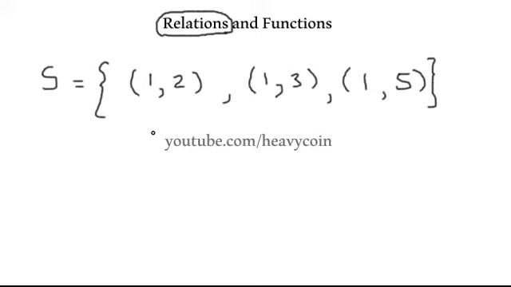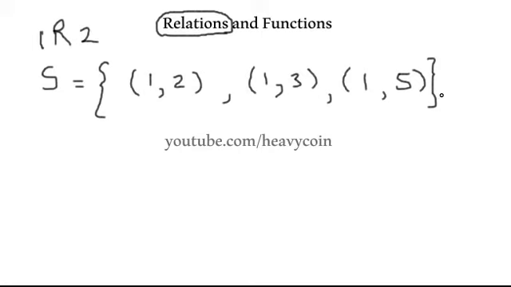Now there is a way to construct this set. In other words, there's a relationship between 1 and 2: 1 is related to 2, 1 is related to 3, and 1 is related to 5. There's a discrete math course where they label this with an R, saying 1 is related to 2.